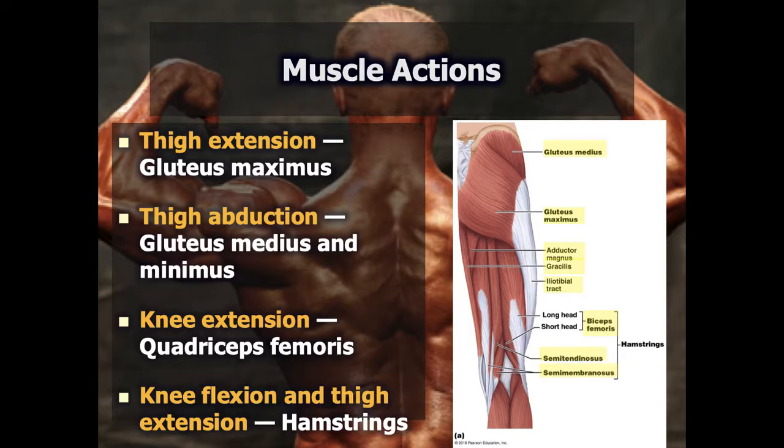Okay, the lateral muscle is the biceps femoris, so it runs on the back. The medial muscles, there's 2, one sits on top of the other. Okay, so the semitendinosus sits on top of the semimembranosus. Okay, but those 3 muscles together, semimembranosus, semitendinosus, and biceps femoris, make up your hamstrings, the back of your leg.